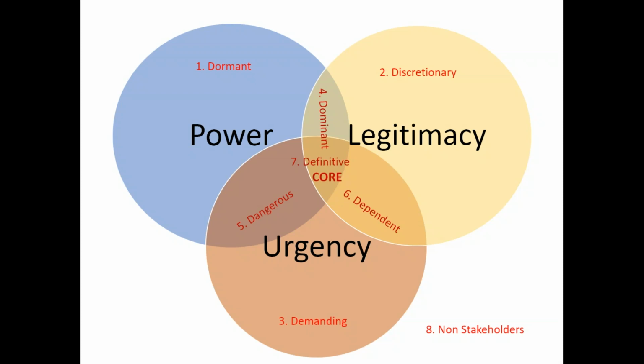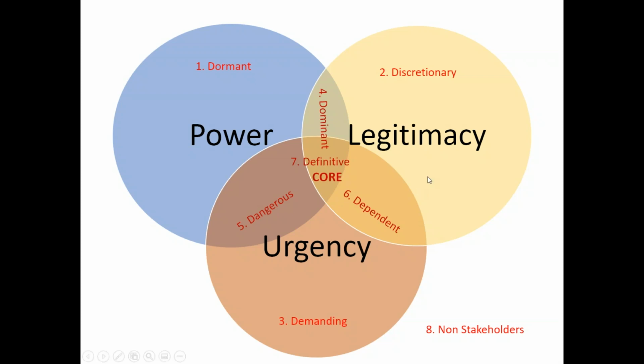This guy is discretionary. A person who has power and nothing else is dormant. Urgency and nothing else is demanding. And anybody who has nothing, low in everything, is not a stakeholder at all. Got it? The 8 classifications.